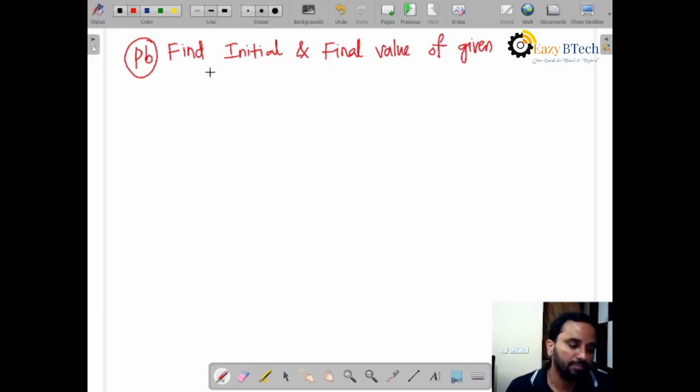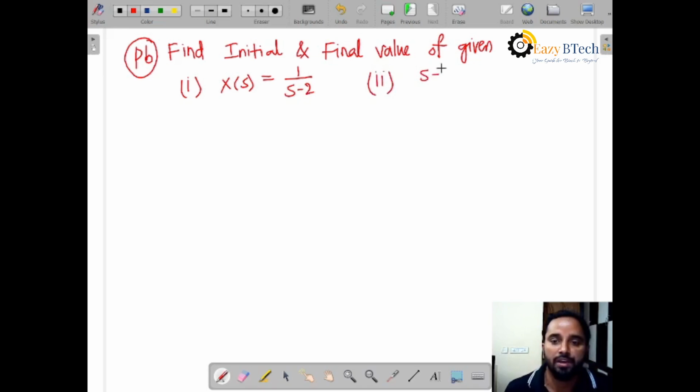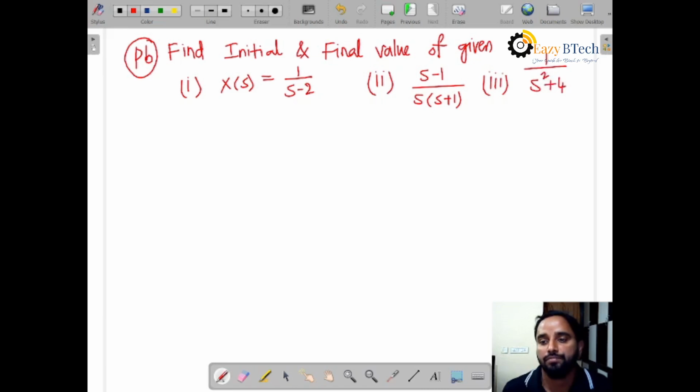The first one: X of s is equal to 1 by s minus 2. The second one: s minus 1 by s into s plus 1. And the third one: 1 by s square plus 4.